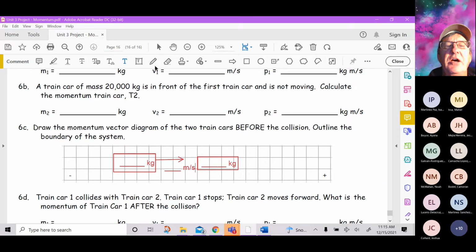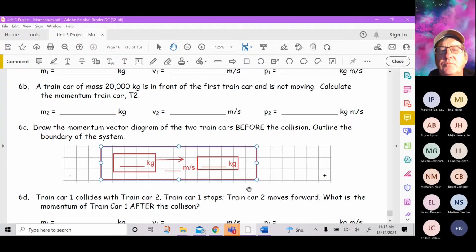Let's see, what else do I need? I need a boundary on my system, right? So I'm going to have that be my boundary. I've got the boundary, I've got the objects, I've got the vector. I've labeled their masses, I've labeled how fast it's moving.